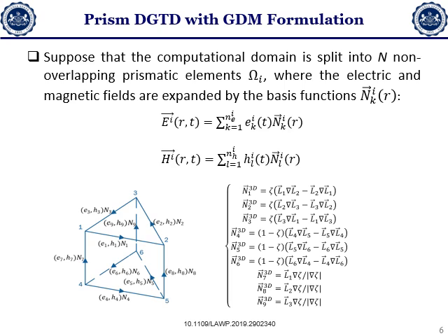The basis functions of our prism-based DGTD can be defined in these ways. There are line basis functions on each side of the prism, and the basis function definitions are given here.